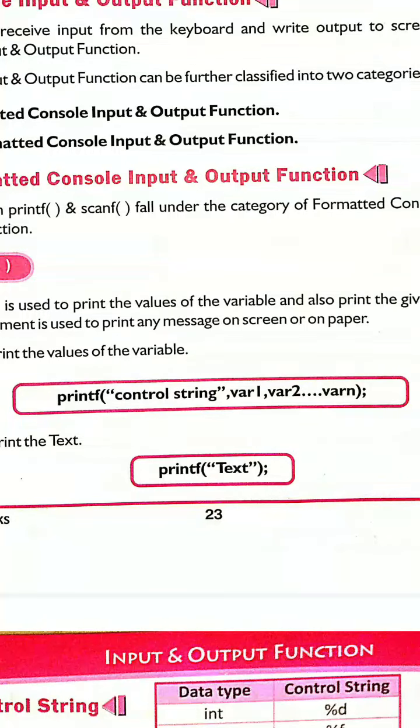Okay, so next is the scanf function. The scanf function is used to get input of any value through the keyboard from the user at runtime. You can write a program in such a way that it accepts real-time values from the user.